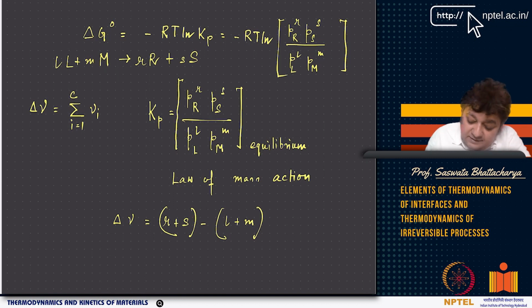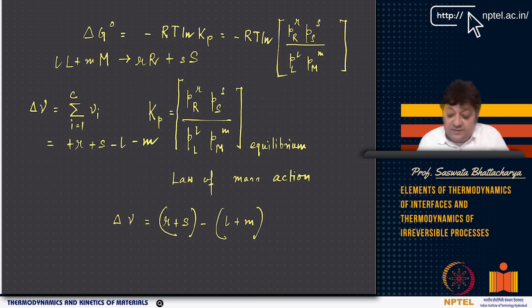As I told, for products it's plus, and for reactants minus. So if you look at this reaction, it is R plus S minus L minus M, the same thing that we have drawn.